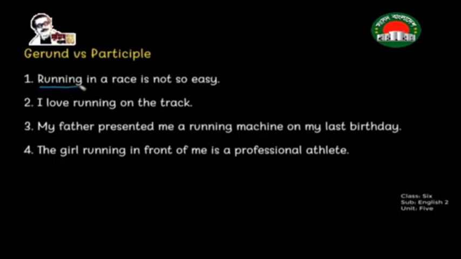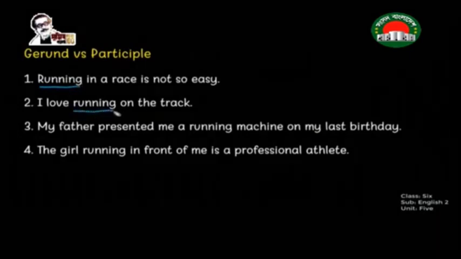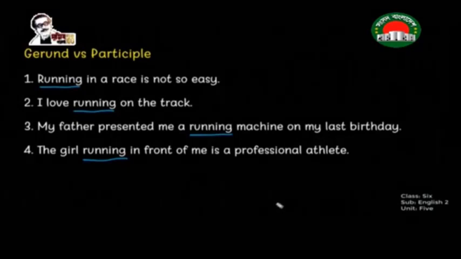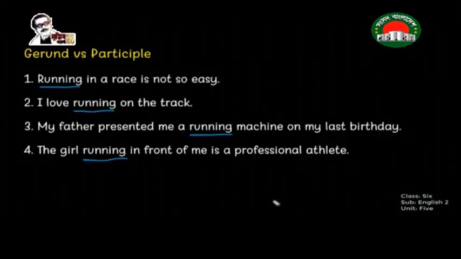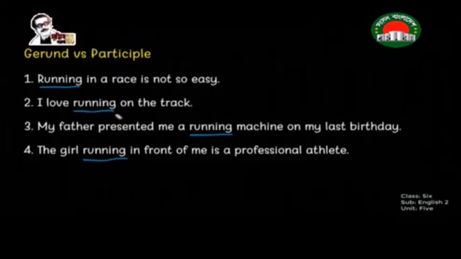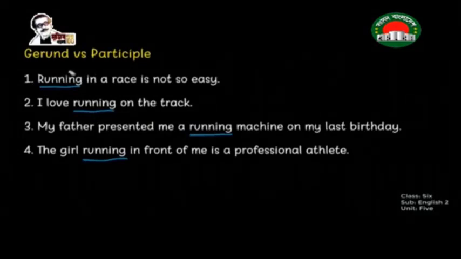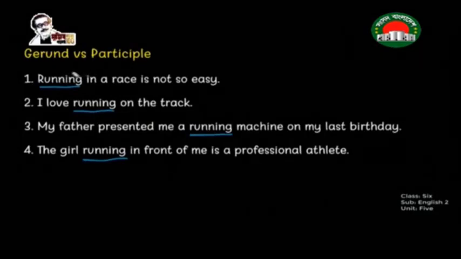So running, running, running, and running. But their use and function are not the same. How? The first 2 sentences talk about an activity and the ing verb running is here a noun, or verbal noun. So in these first 2 sentences, running is used as a noun.